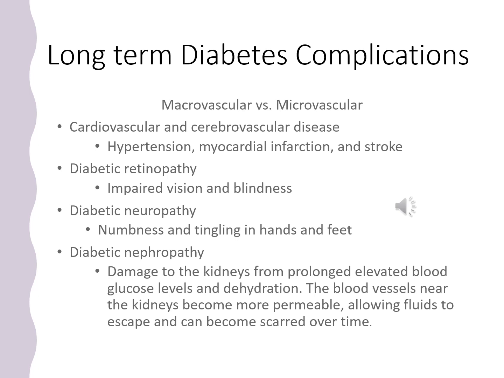We need to look at the difference between the macrovascular, so your large vessels and arteries, your cardiovascular disease, your cerebrovascular disease. Those are macrovascular big problems. You are more likely to have a heart attack, a stroke, more likely to have hypertension because of diabetes.